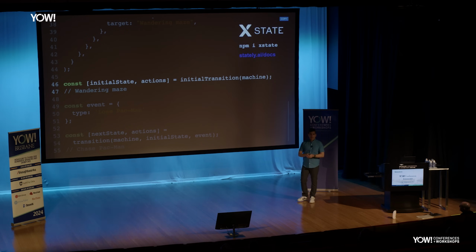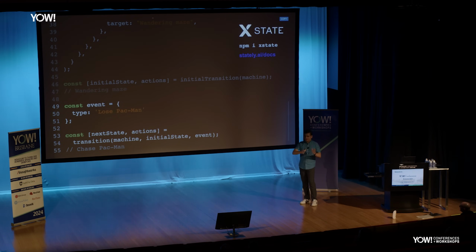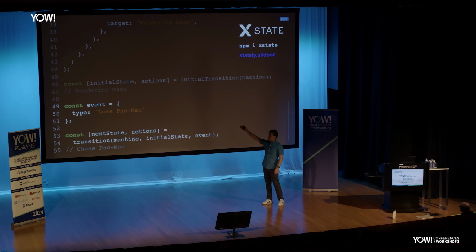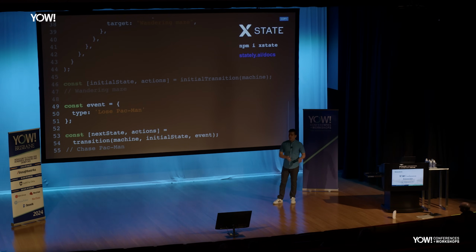And you can either run these in real time, or I actually introduced some new functions which allow you to just get whatever the next state and the side effect/actions are going to be based on the events that you provided. So given we're in the initial state of wandering a maze, when the lose Pac-Man event happens, now we're in chase Pac-Man.